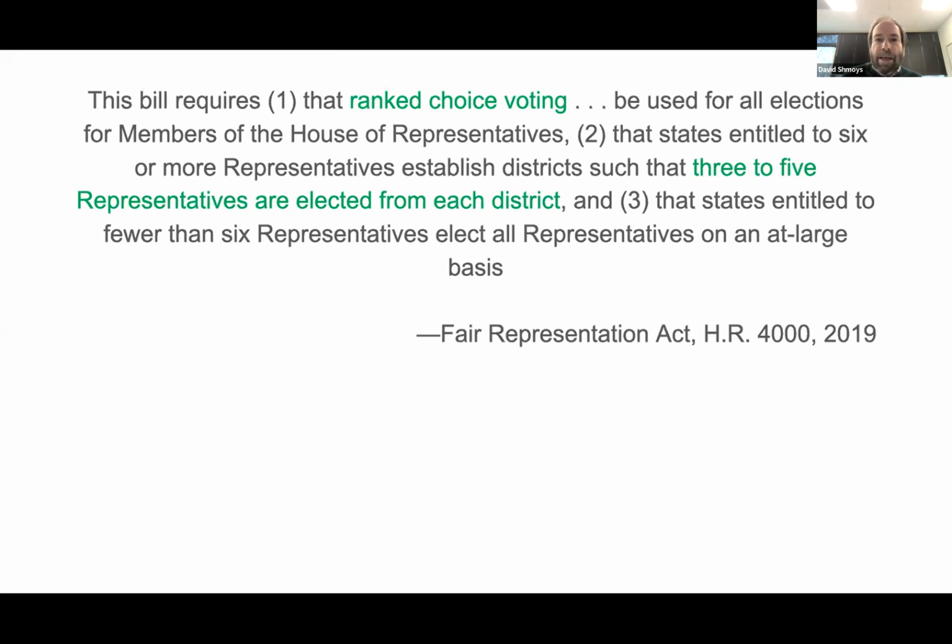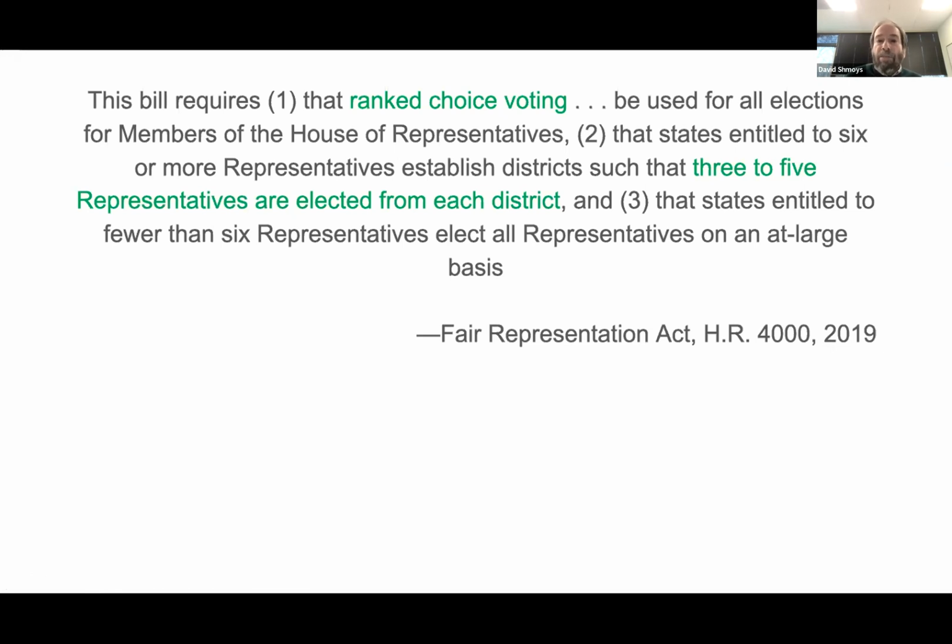It's a bill that requires that ranked choice voting be used for all members of the House of Representatives, and that states entitled to 6 or more representatives establish meta districts such that 3 to 5 representatives are elected from each district, and that states entitled to fewer representatives elect them all on an at-large basis.